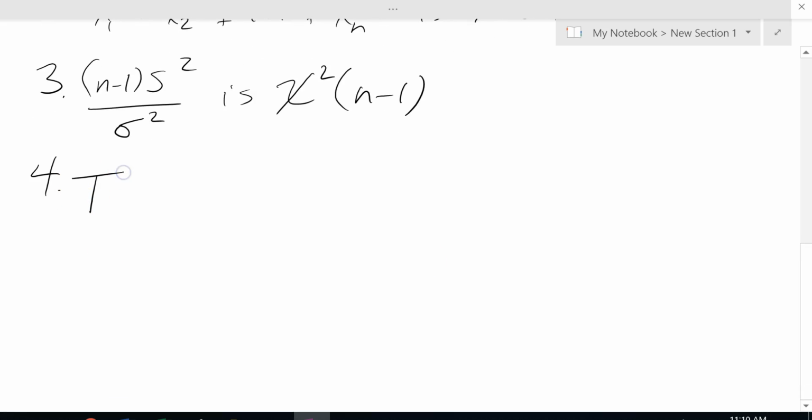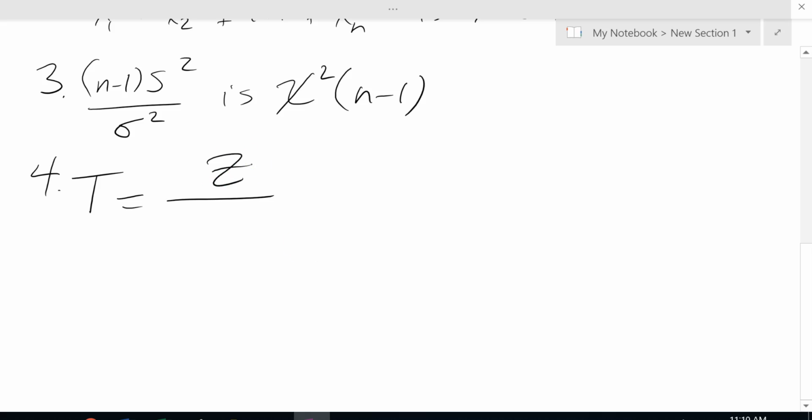When we had small samples, we had to do the t distribution. Remember how a t distribution is defined? It's a ratio of two distributions. What two types of distributions have to be in the fraction to get a t? There's a standard normal on top, right? I'll call it Z, so think of it as standard normal.